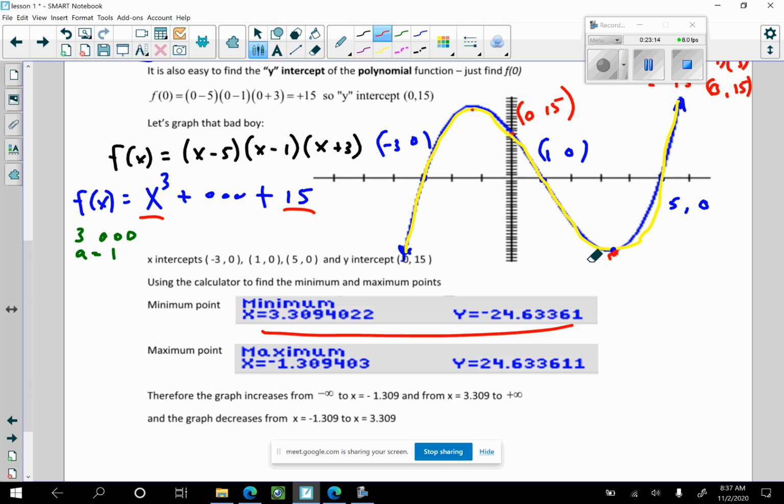Okay? And now we can talk about where this particular polynomial increases and decreases. We know a graph increases if when you're moving from the left to the right, the graph goes up. And this thing increases from negative infinity way down here, I'll do increasing in green, all the way to the x-coordinate of that maximum point right there.